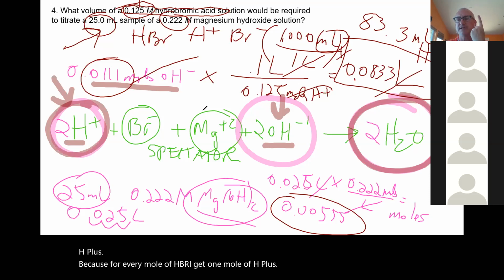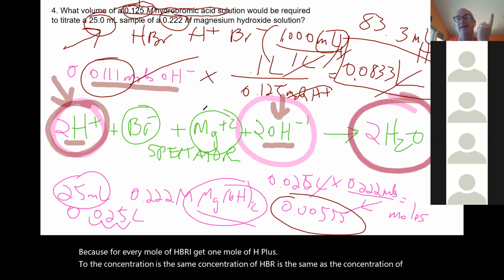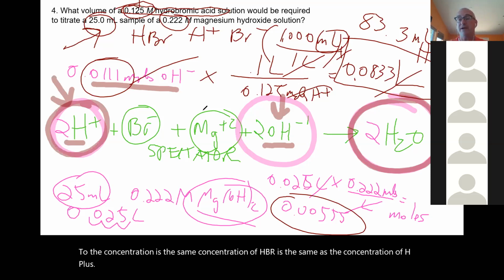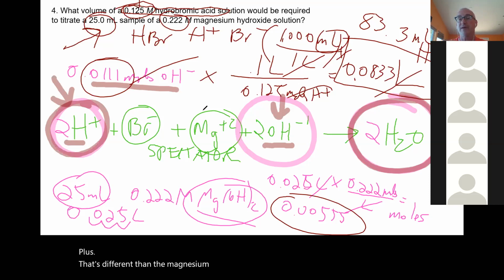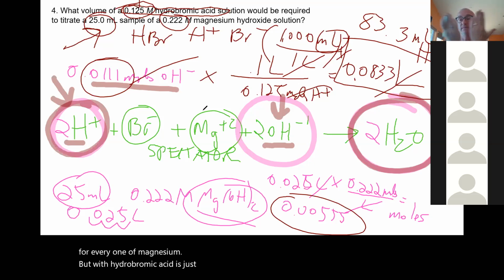So the concentration of HBr is the same as the concentration of H plus. That's different than the magnesium hydroxide, where the concentration of hydroxide is twice as much as the concentration of magnesium hydroxide, because there's 2 molecules of hydroxide for every one of magnesium. But with hydrobromic acid, it's just H and Br. There's just 1 H for every 1 Br. One to one ratio. So the concentration is the same.